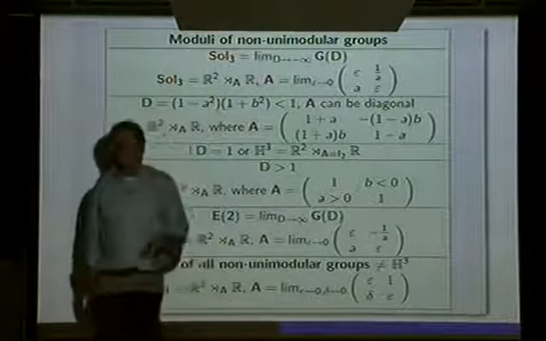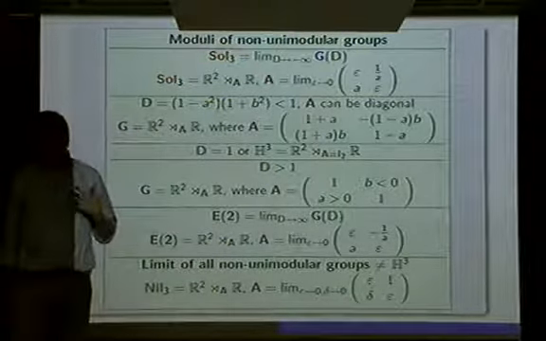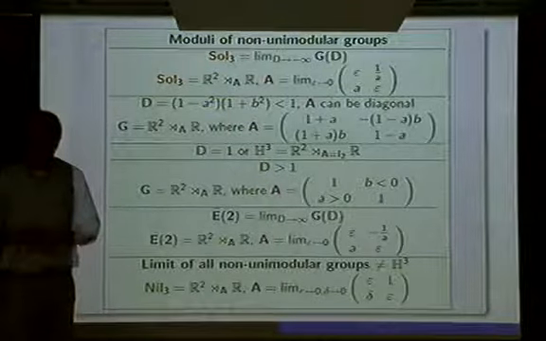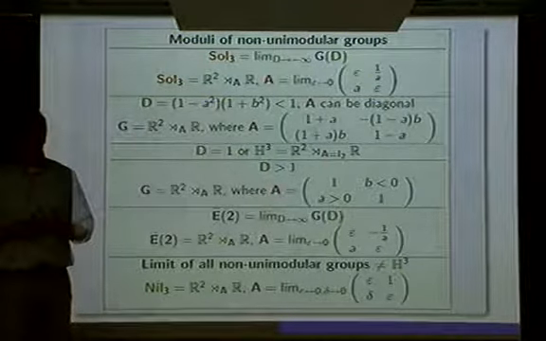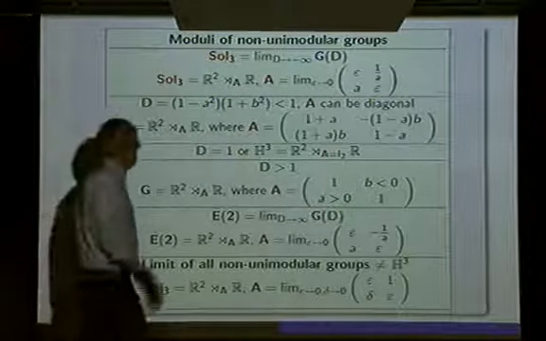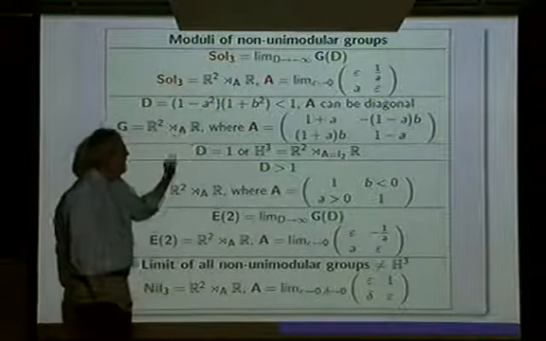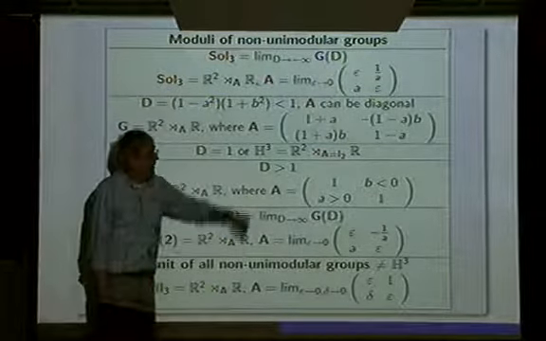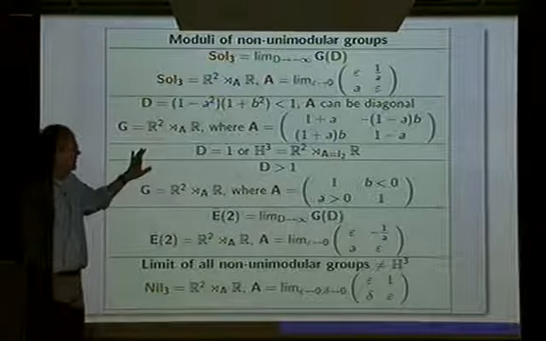Of course, when you diagonalize the matrix, you change the metric. So this is just saying that for that group there exists a diagonal matrix representing the group. Okay, and that can be useful. D equals 1, of course, we have hyperbolic 3 space. That's the D equal 1 case.